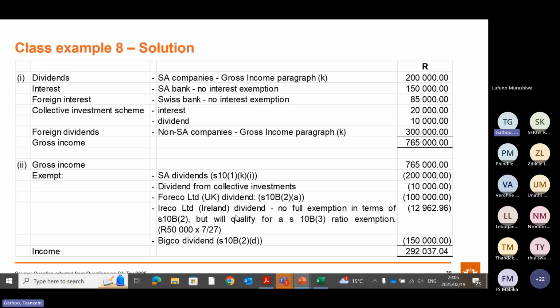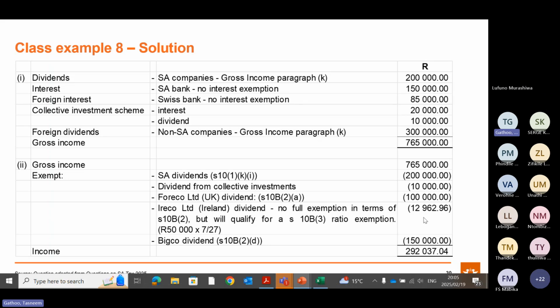Then the one from Irico didn't qualify for any of the specific exemptions in terms of paragraph 10 Cap B2. Therefore, we apply the partial exemption in terms of section 10 Cap B3, which says we take the amount of the dividend received, which was 50,000, and in this case we are dealing with a company, so multiply it by 7/27, and that will give you your exemption.